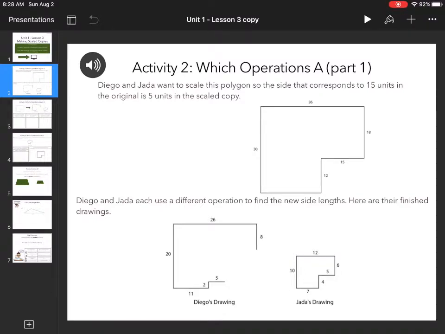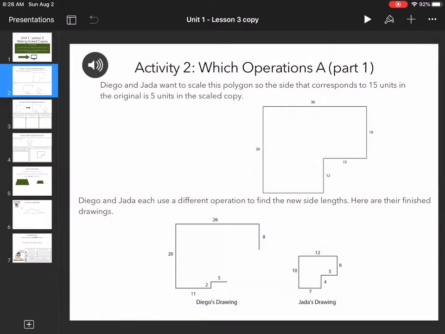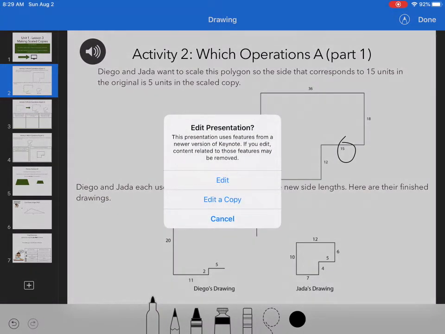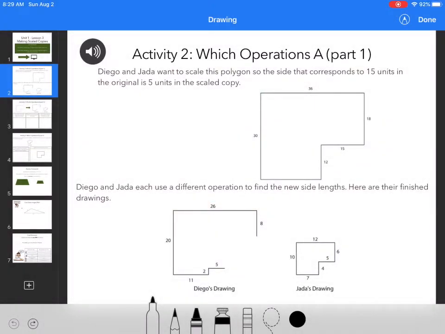Activity 2, which operations? Part 1. Diego and Jada want to scale this polygon so that the side corresponds with 15 units. So that would be this side, which is 5 units in the scale copy. So that means they are multiplying by 1/3, which is the same as dividing by 3, but you're going to understand why I'm writing it this way later in the lessons.